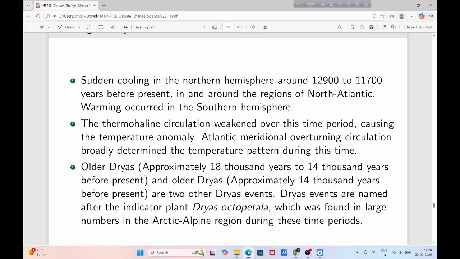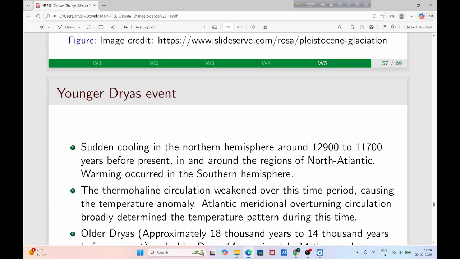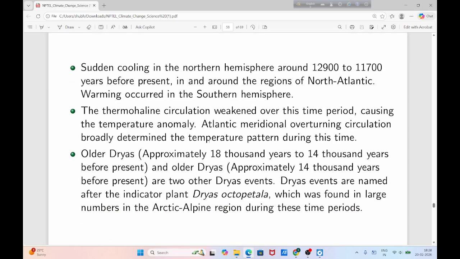And the original Dryas that is actually mentioned in the heading, the younger Dryas event, was around 12,900 to 11,700 years before present. So approximately 1,200 years. It is denoted by cooling in the northern hemisphere and corresponding warming in the southern hemisphere.